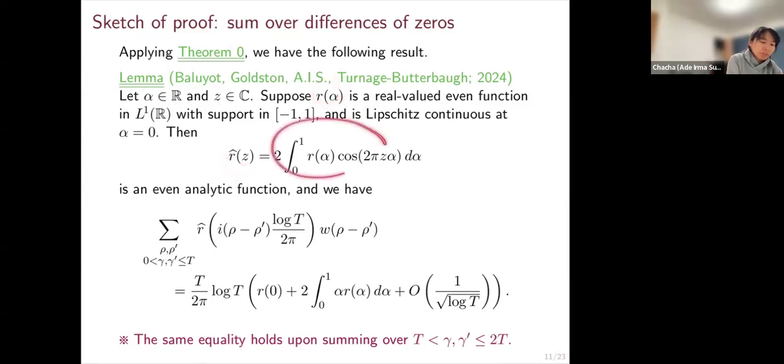Okay, so now this Fourier transform of the R you took will come in here, and then if you multiply that with this weight function that we had in the f function, and you sum over zeros as in the f function, then you can actually compute that, and that is asymptotic to T over 2 pi log T multiplied by the value of r at 0.